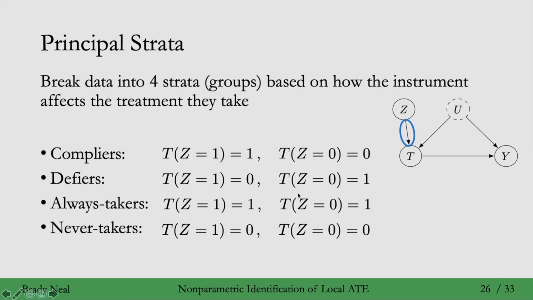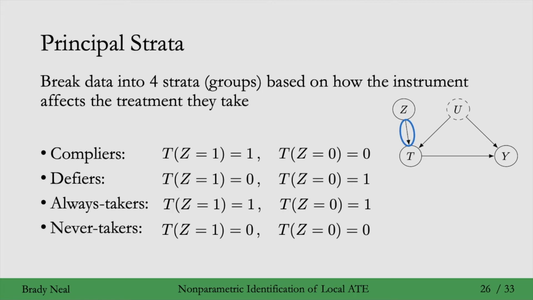Or if they got Z equals 0 and T equals 1, they could be the defiers, or they could be the always takers. So for any combination of Z and T that you observe, you could be in any of two groups. You can't identify which group you're in, just from the observational data. This is related to the fundamental problem of causal inference, but for the instrument-treatment relationship rather than the treatment-outcome relationship.